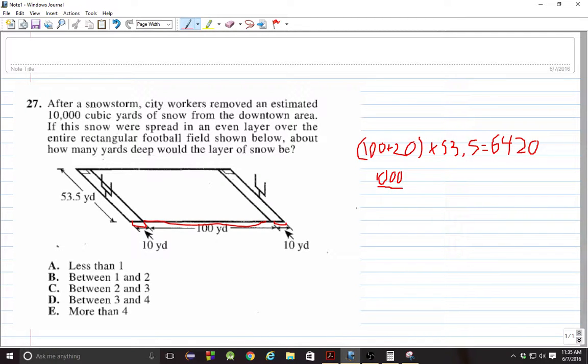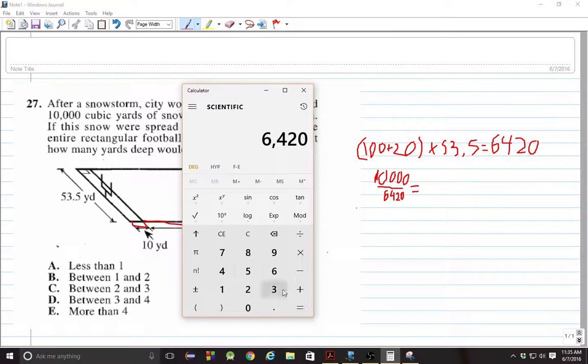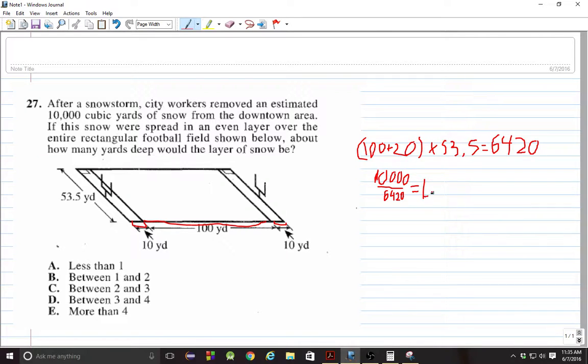We divide by the area because that will give us the depth that we need. 10,000 divided by 6,420 equals 1.55 something.